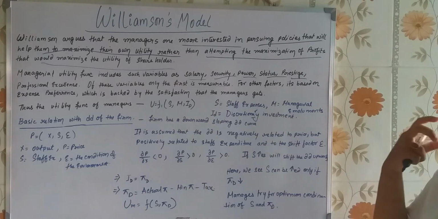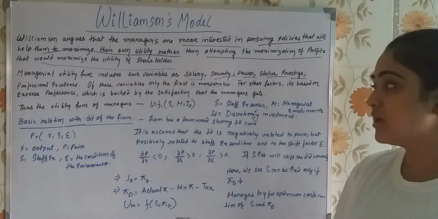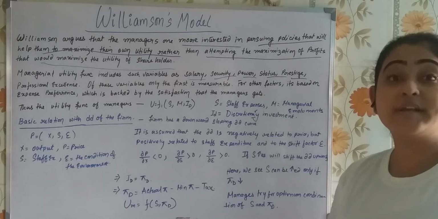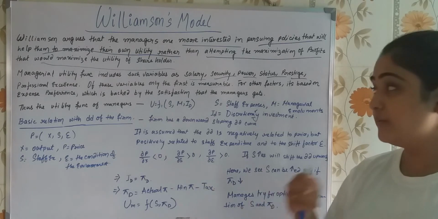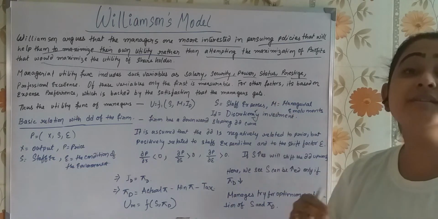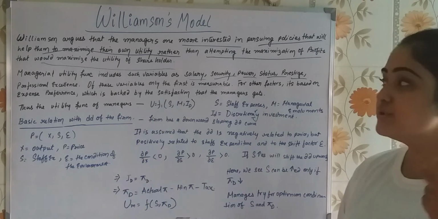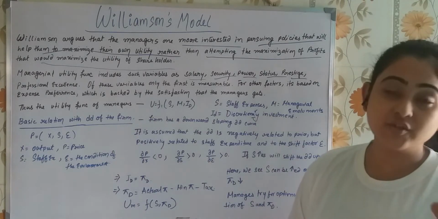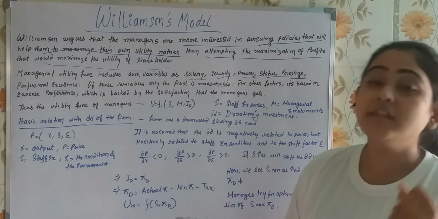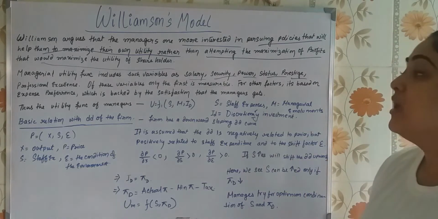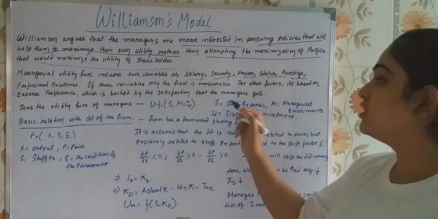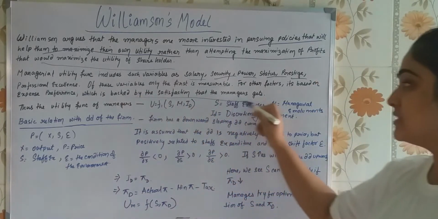So that expense shows the preference. The more they are ready to spend on these factors, the more inclined they are towards those specific variables, right? They have more preference towards them, which is backed by the satisfaction that the manager gets, right?